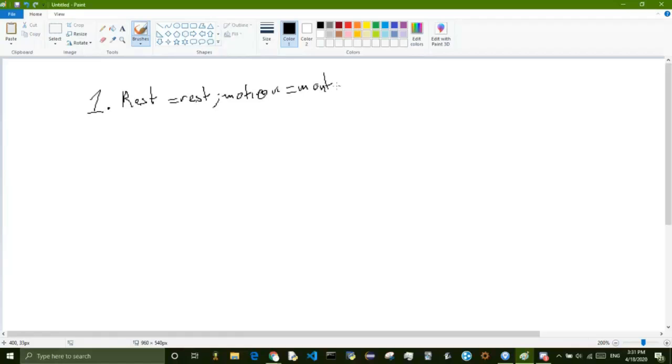Rest equals rest, and motion equals motion. The verbal form of it is all objects at rest tend to stay at rest, and all objects in motion in a straight line tend to stay in motion. Very well known. And now we're going to skip to 3, which is simply saying that actions have an equal and opposite reaction. Right? Action equals reaction.